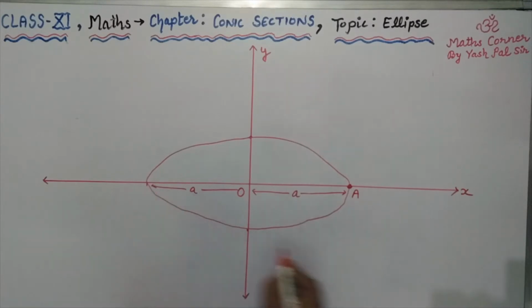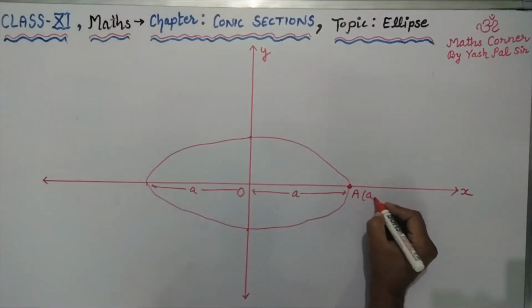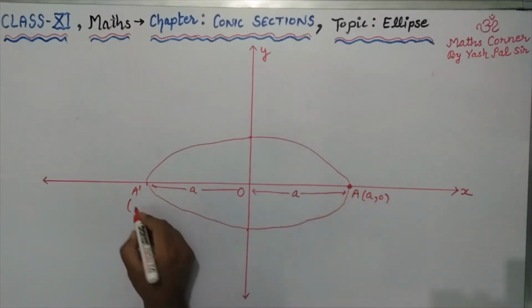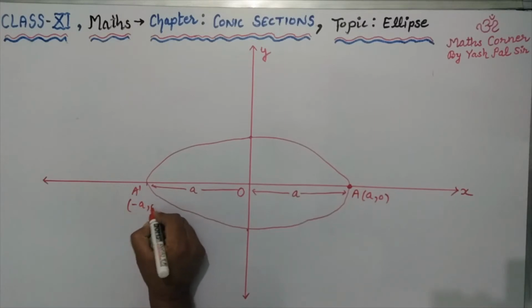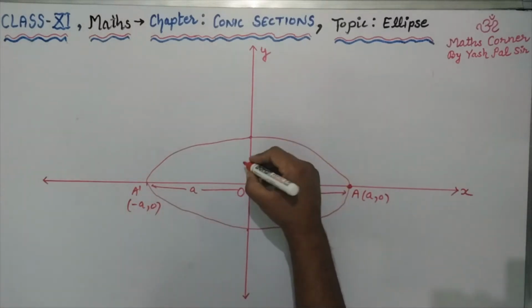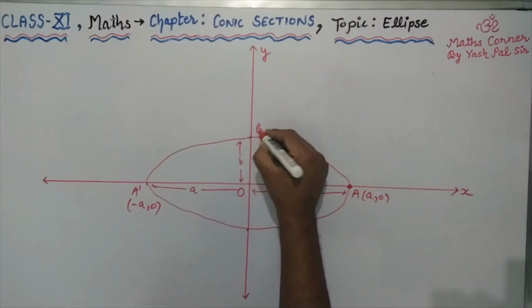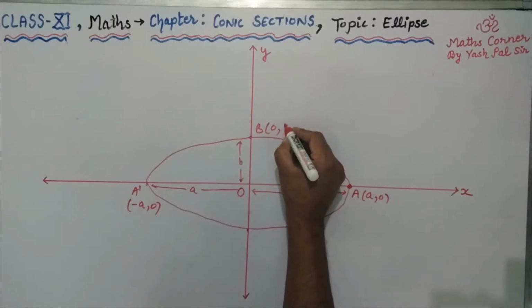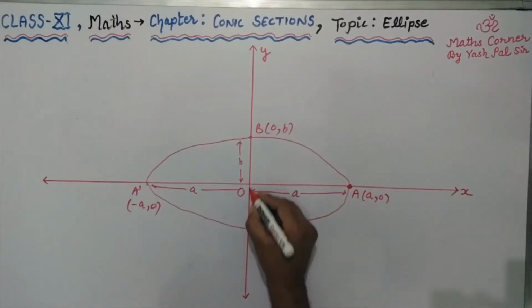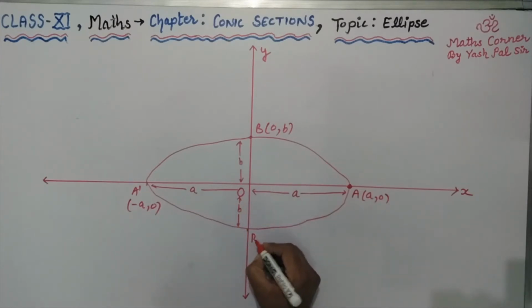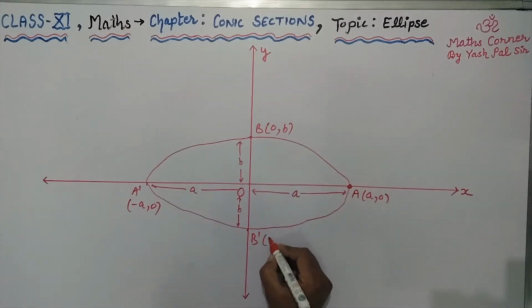So coordinates of A are (a, 0), and here this is A dash, image of A, that is (-a, 0). Here suppose this distance is b unit, so we write this point as B, with coordinates (0, b), and this distance is also same, and this is the image of B, so B dash, (0, -b) are the coordinates of B dash.